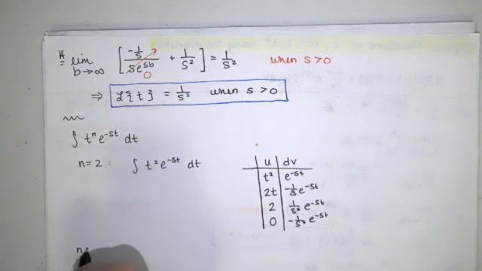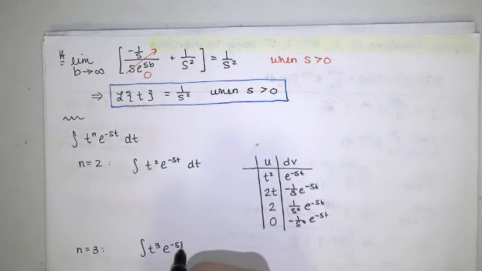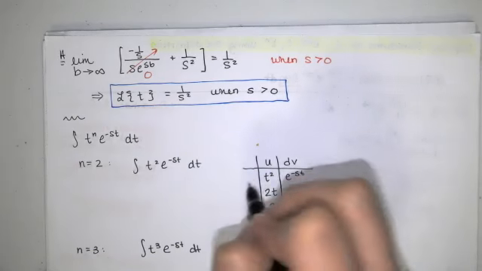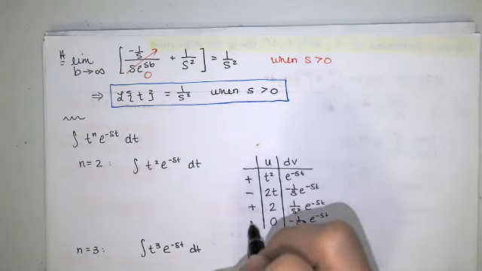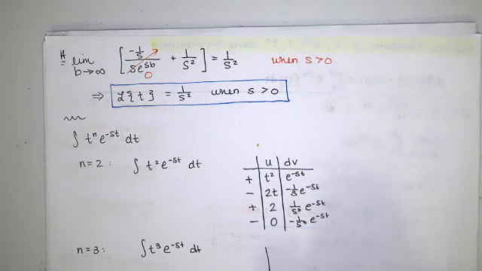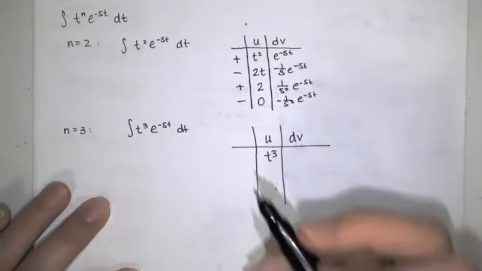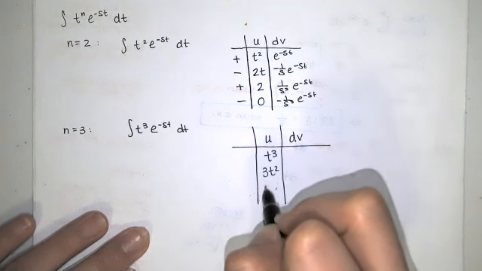Okay, let's see what happens when n equals 3. You guys start to see the pattern already? I hope you do. When n equals 3, I'll have a t cubed here. And I'll take the derivative as many times as necessary.